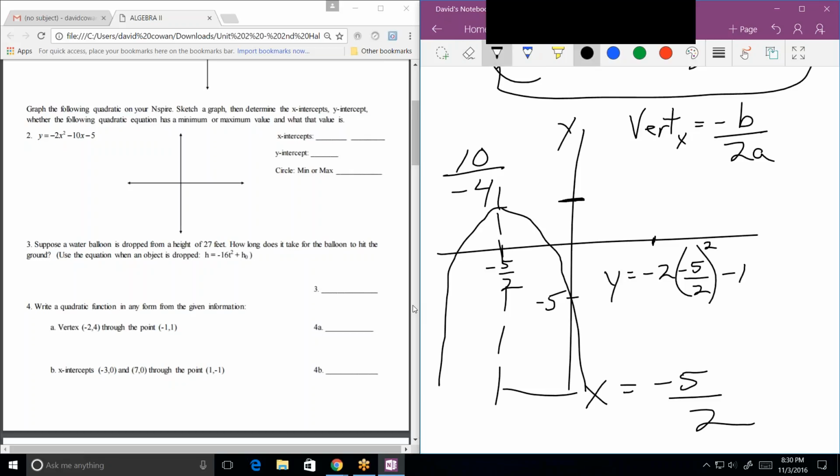Minus 10 times minus 5 over 2 minus 5. So we just have to evaluate what that is. Well, again, let's do step by step. How do I evaluate this expression? Get rid of your exponents first.